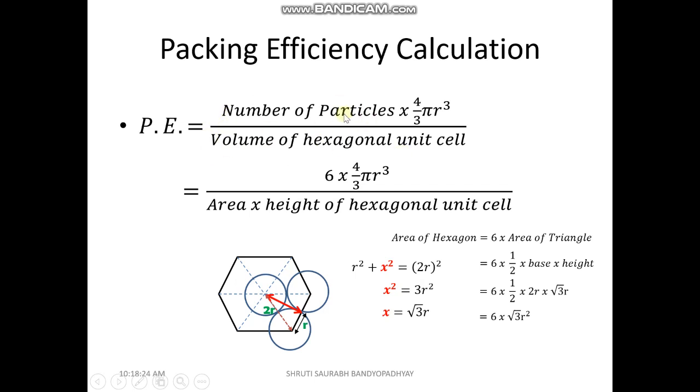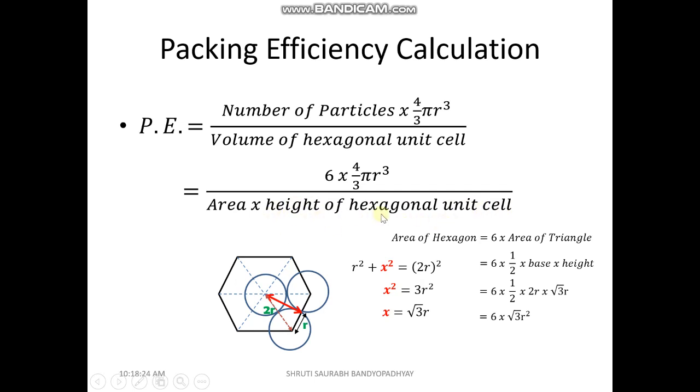We know the number of particles is 6 multiplied by 4/3 pi r cube, that is easy. But what about the volume? Volume is area into height, so we have to calculate separately the base area of the hexagonal unit cell, that means the area of this hexagon, and the height of the hexagonal unit cell.